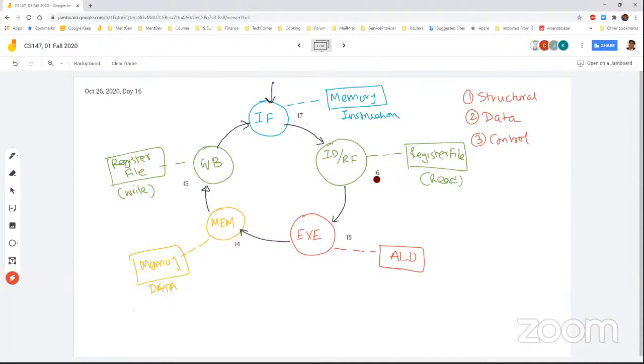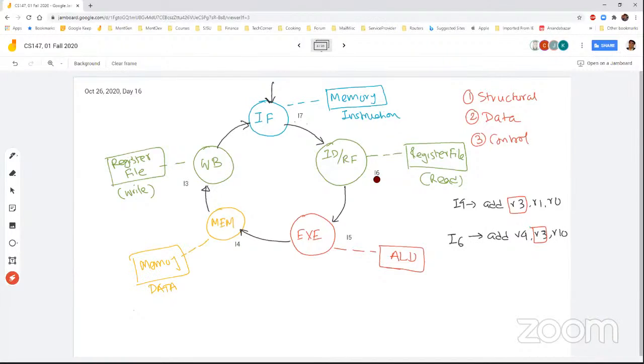Let's write down a little bit of code here. Let's say I4 is add R3, R1, R0, whereas I6 is add R4, R3, R10. You see that the result of I4 is used in instruction I6.